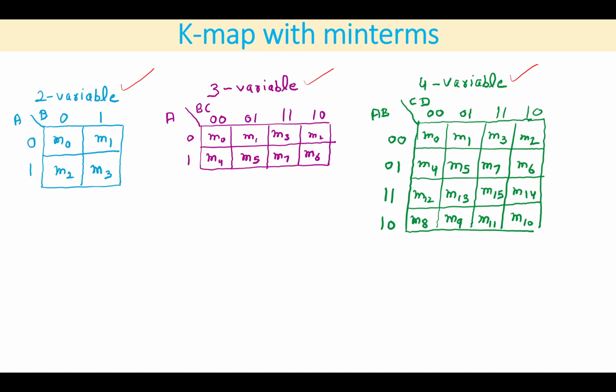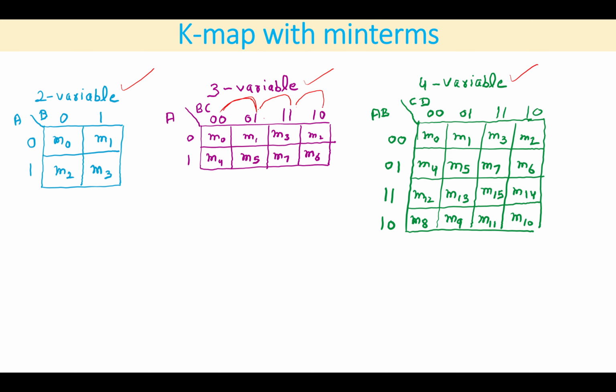There is a very important point here. If we move from one cell to another, in any row or any column, only one bit changes.